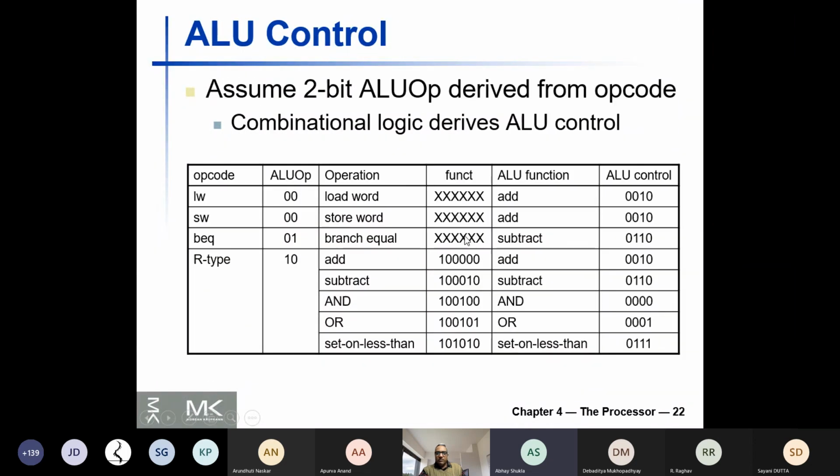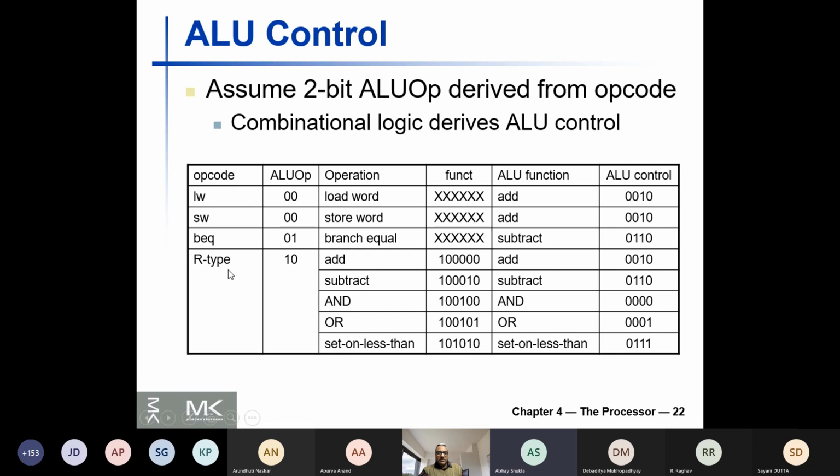If you look here, these are the different types of instructions, various formats: load and store, then branch on equal, and these are the R-type instructions. I have not listed them all, but we have several R-type instructions which vary based on the type of operation to be performed, whether subtract, and, and so on. And this is the function field.